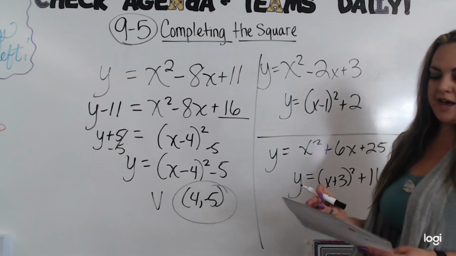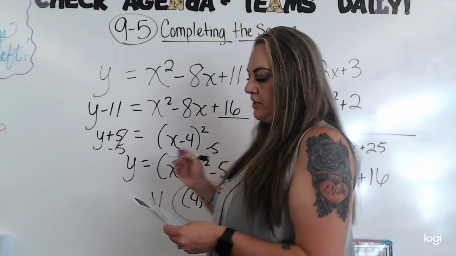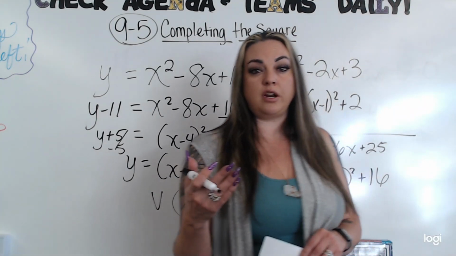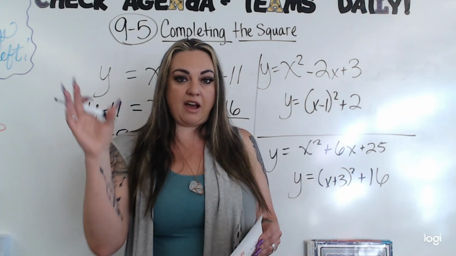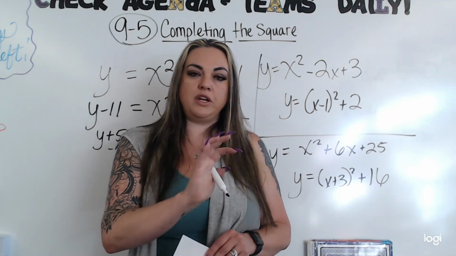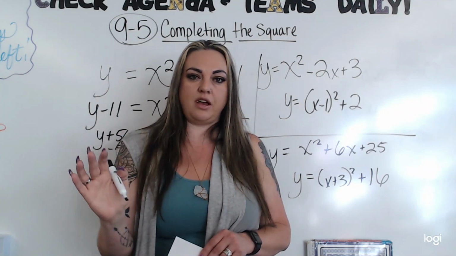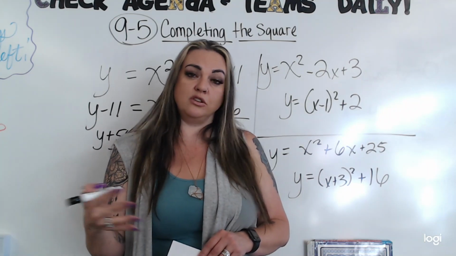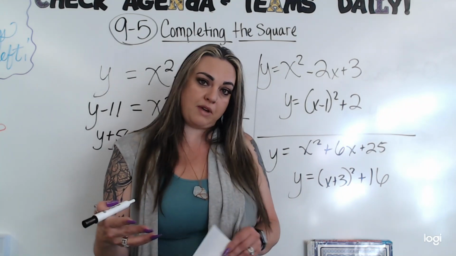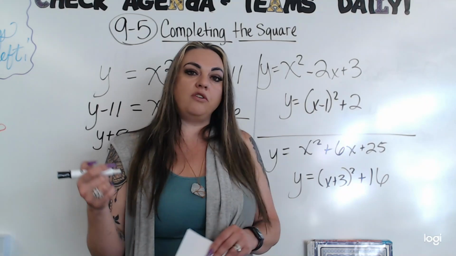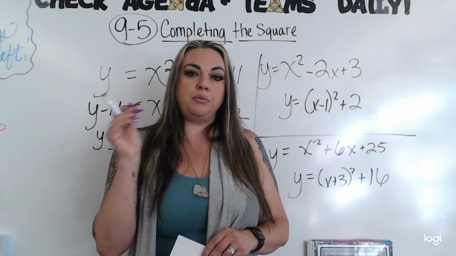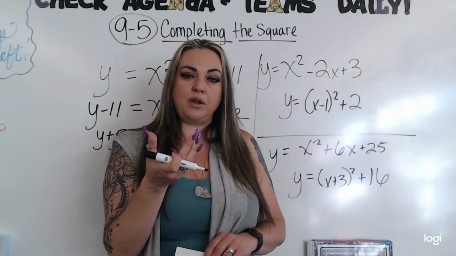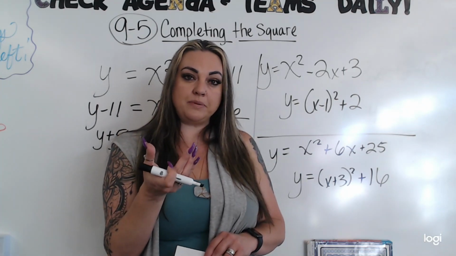So to recap, we have learned 3 methods prior to this for how to solve quadratic equations. First, we did graphing, where we literally just put the equation into Desmos or into a graphing calculator, looked at those 2 x-intercepts and identified those as the solutions or the roots, same thing, right? We solved these by factoring. So we put them into 2 binomials, and then we knew that those 2 numbers inside the parentheses represented the x-intercepts.